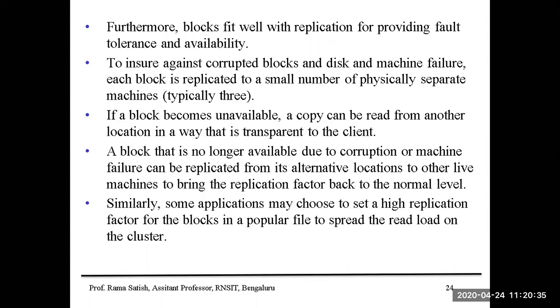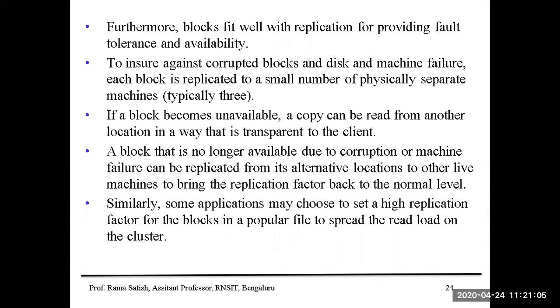And similarly, some applications may choose a high replication factor. Suppose some application requires replication factor 4, 5, 6. Beyond 3, yes, you can certainly configure that, and it is also very important. And when you have more copies, you have advantages. You can do parallel processing.